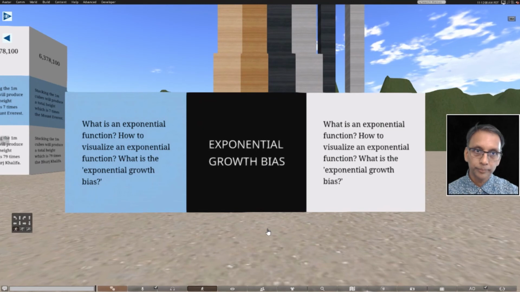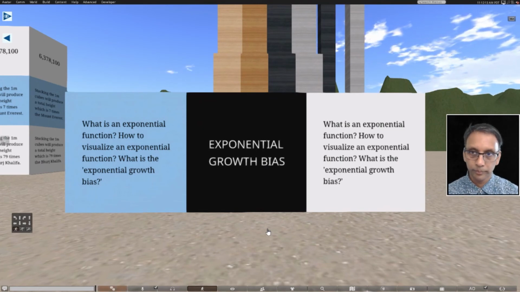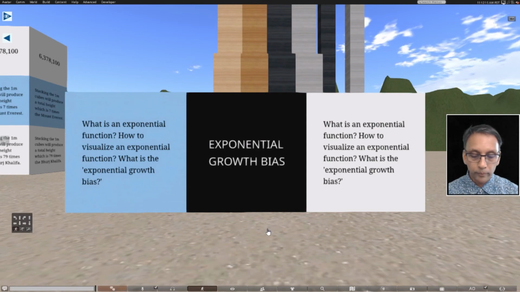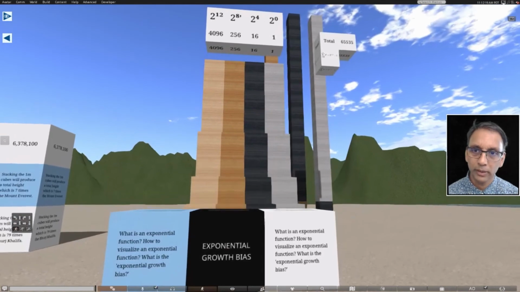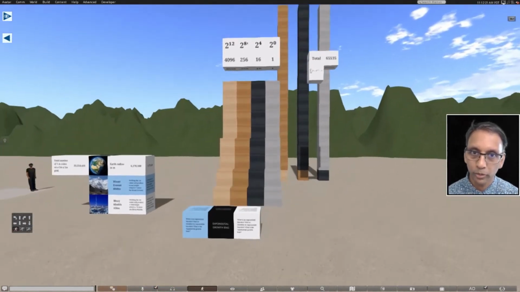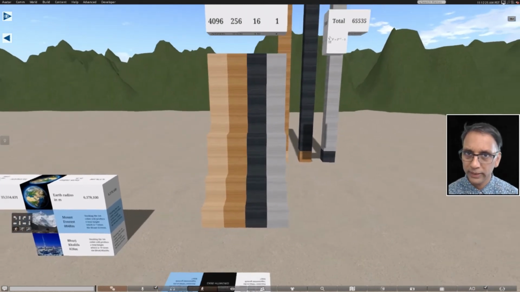Once we've done that, there are some issues that come up. One of them is, how can we improve the visualization? Can we actually improve a visualization that will allow us to lose this bias?